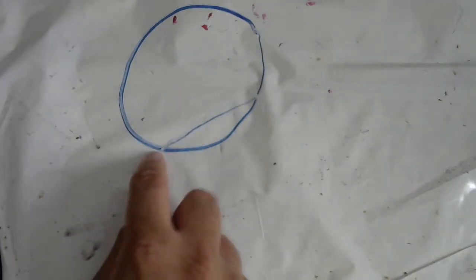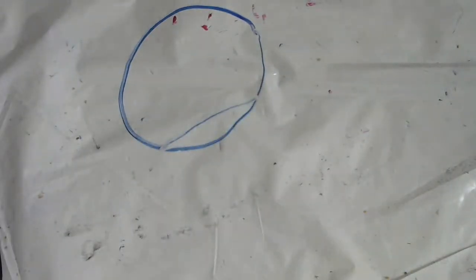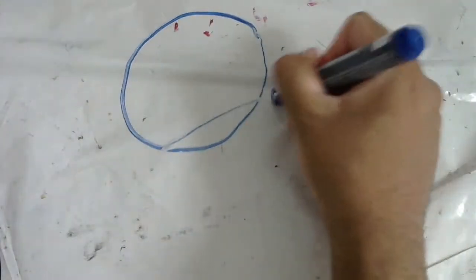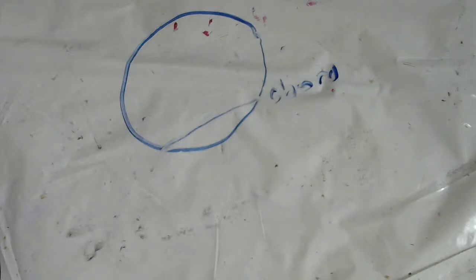It's not an arc. From here to there is not an arc. Chord, absolutely, it's a chord. The difference between an arc and a chord: a chord is a straight line that goes from circumference to circumference.